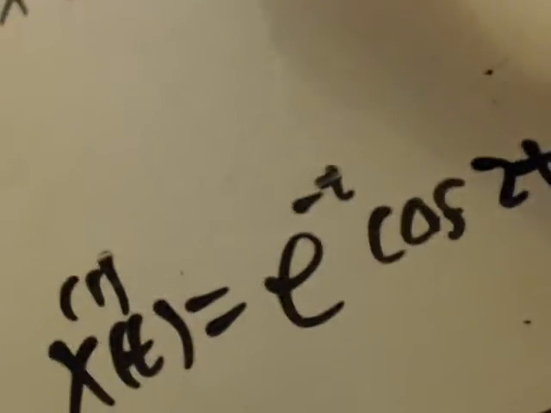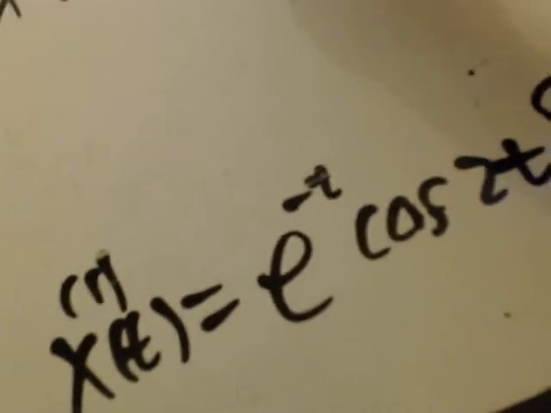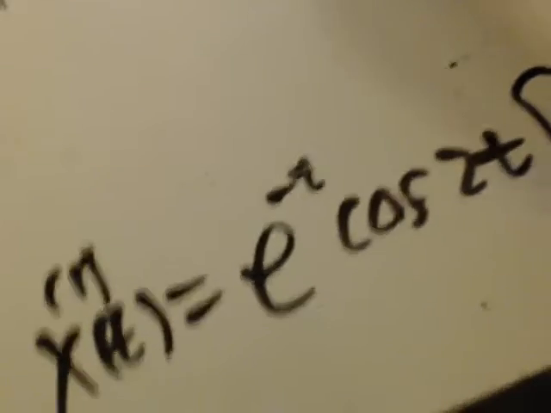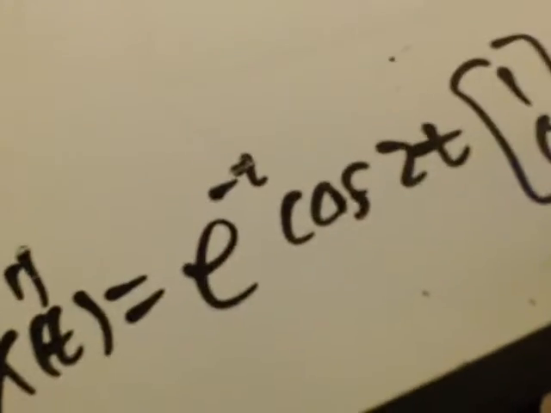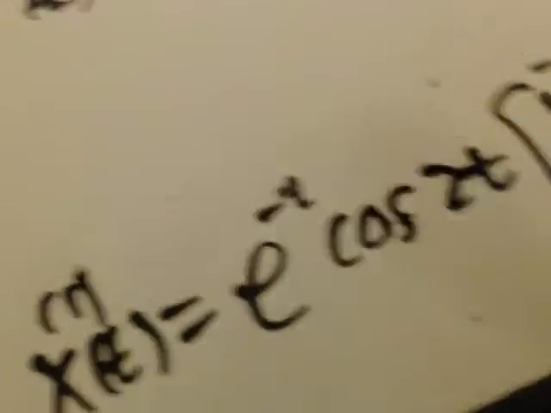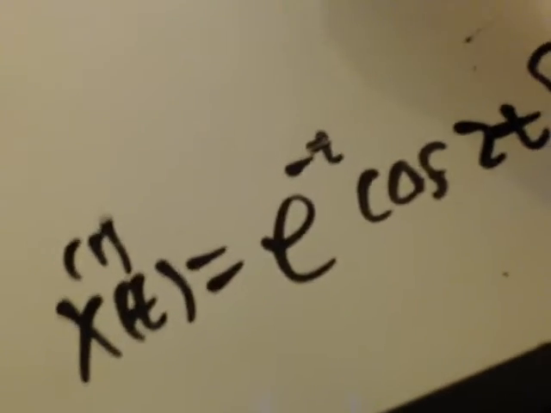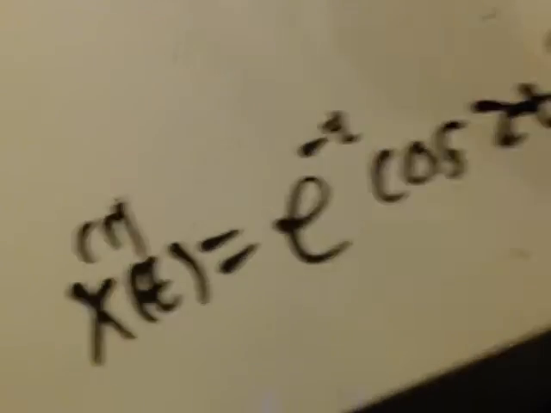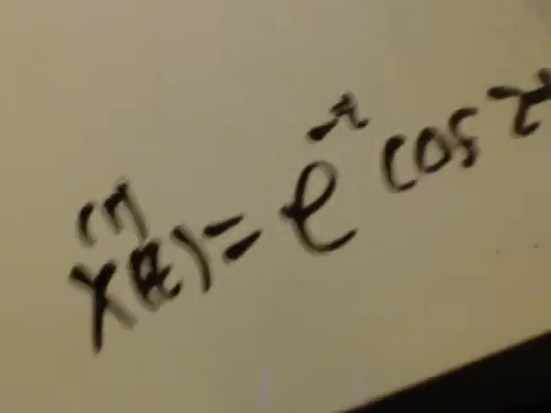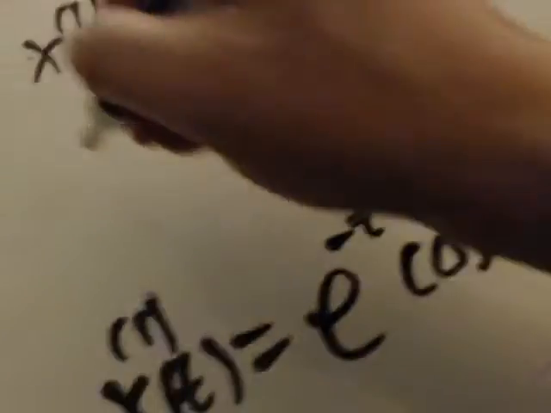So basically what I end up getting is this. e to the negative t cosine 2t, and then here I have a negative times a negative, so basically I would then have e to the negative t sine 2t. That'd be x1 of t in vector format.